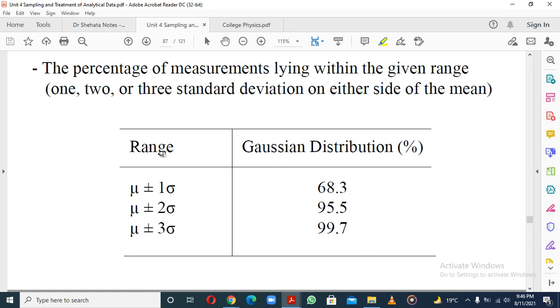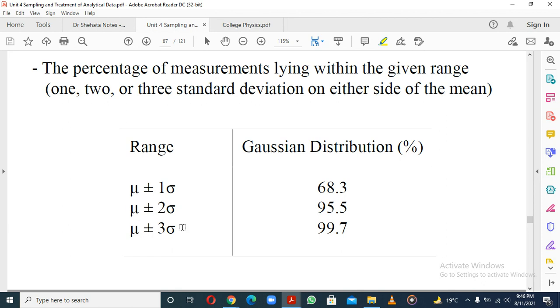So what you're having is, look at the first one. If you've got the population mean plus minus one standard deviation, then it's going to cater for 68.3% of the what? Of the samples. If you've got the population mean plus minus 2 standard deviations, you're getting 95.5%.